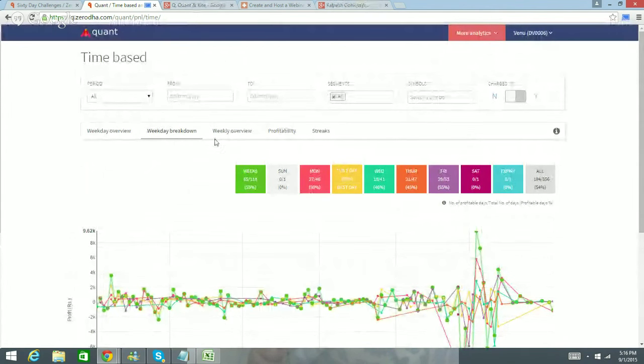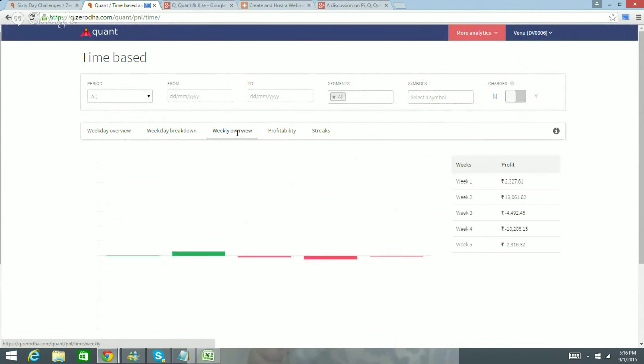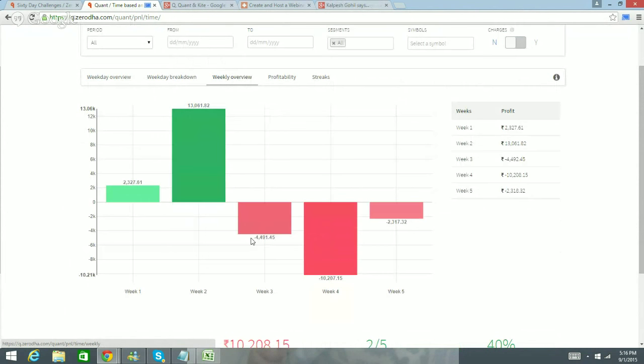So same way as weekday, you can also see weekly, right? First, second, third, fourth, and fifth week, right? The idea behind showing the fourth week was because the fourth week is typically the expiry week, right? So we wanted to show people how they perform when markets are volatile, right?